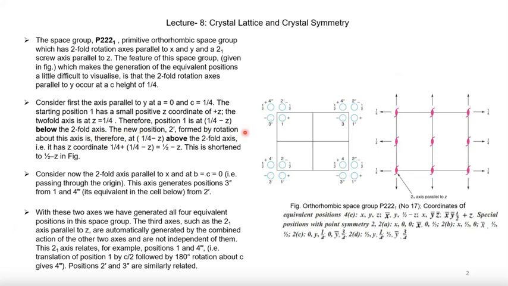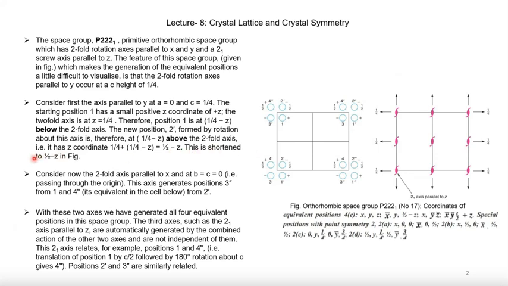Thus, after this symmetry operation, the new position comes up to this one. The new position, by rotation around the axis, is at 1/4 plus Z above the twofold axis, that is, the Z coordinate becomes half minus Z.